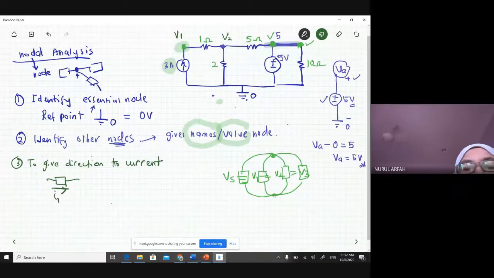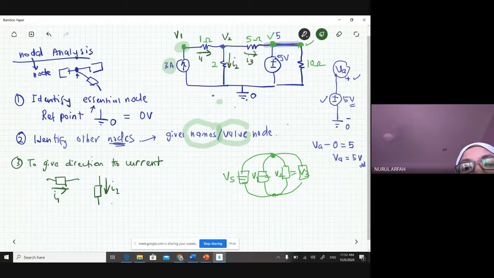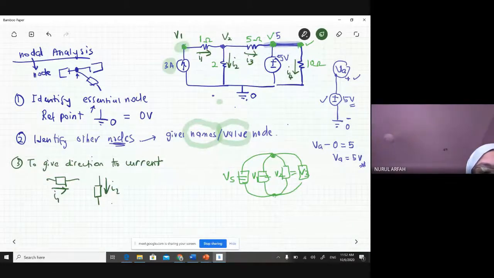And if I have a vertical element, I use a current direction from up to down. So this is I2. You can put any direction, no problem, as long as you stick with it. And this is I2, this is I3, and this is I4. Basically, you can skip these steps, but you need to understand what you do. Now done with that current direction.